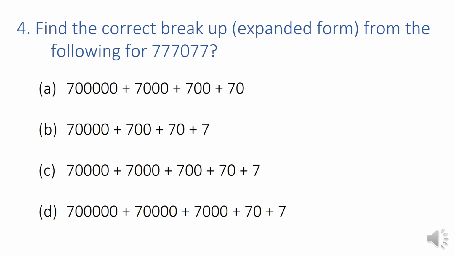Our fourth question is find the correct expanded form from the following for 7,77,077. Some expanded forms of 7,77,077 are given. Our question is find out the correct expanded form of 7,77,077.